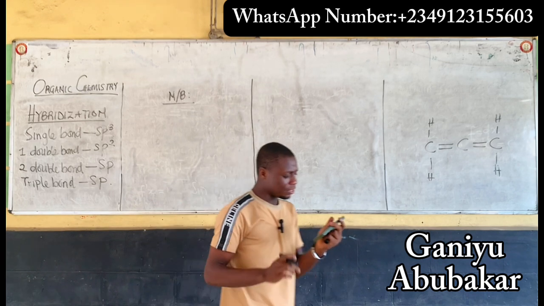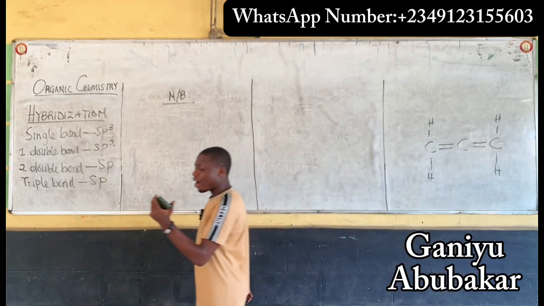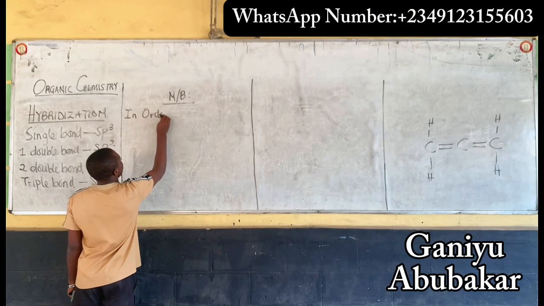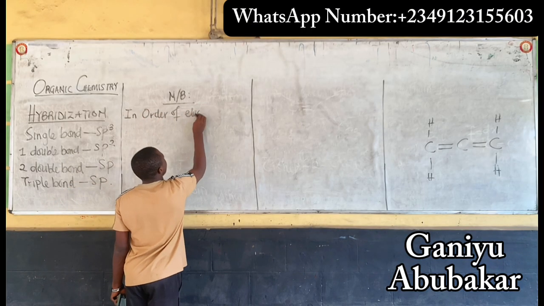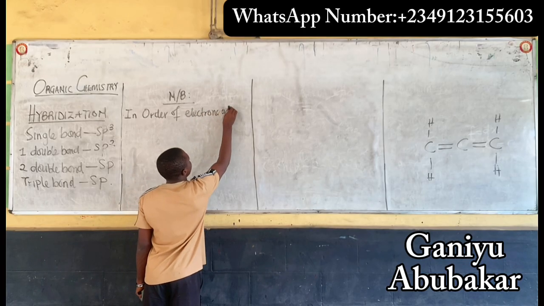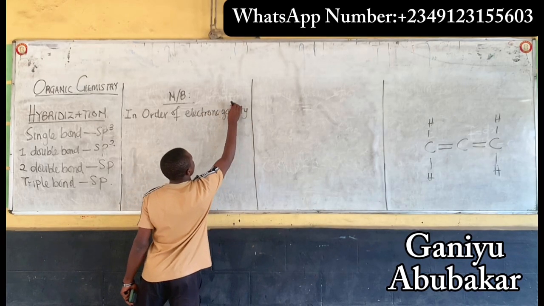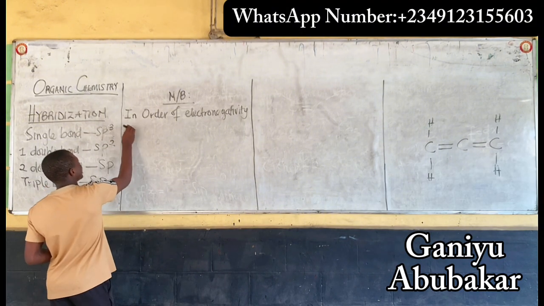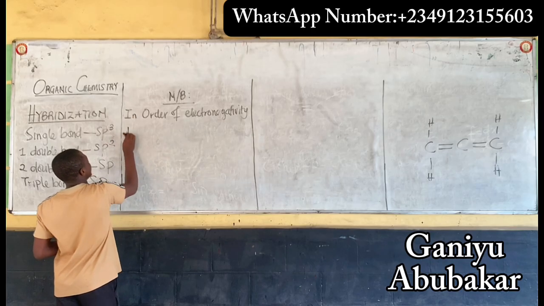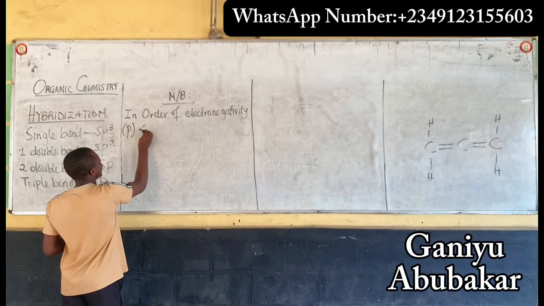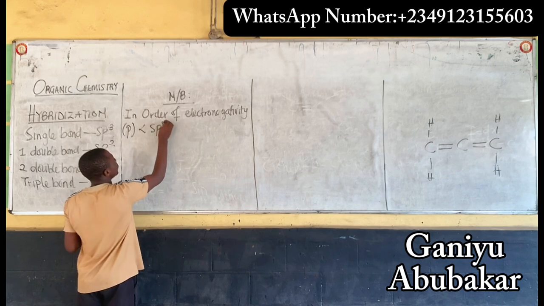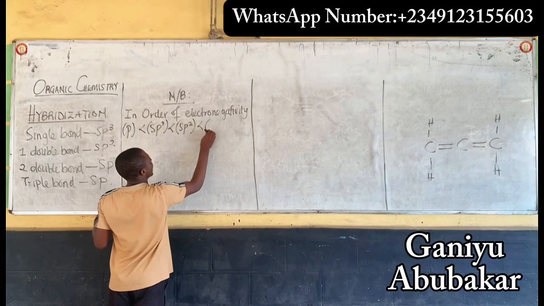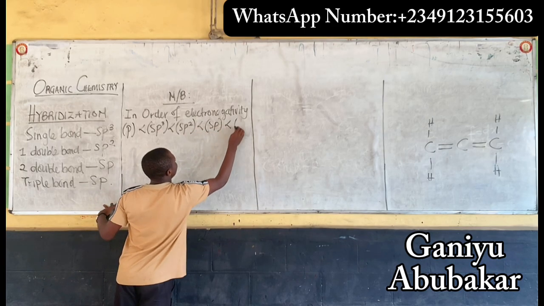In order of electronegativity, please, note that we have p first, p less than sp cubed, less than sp squared, less than sp, less than s.